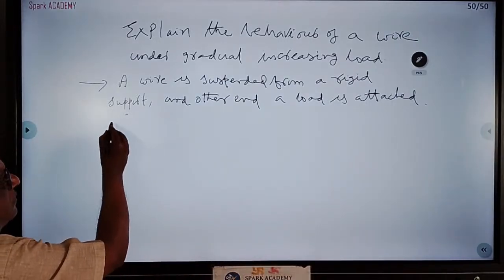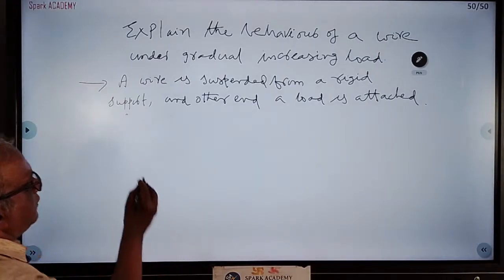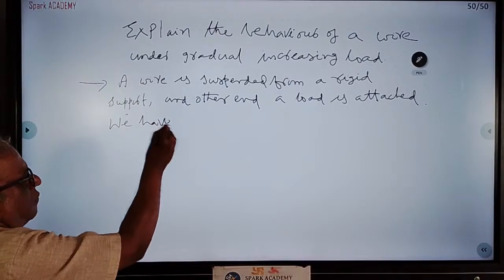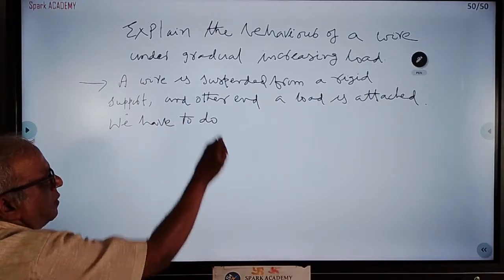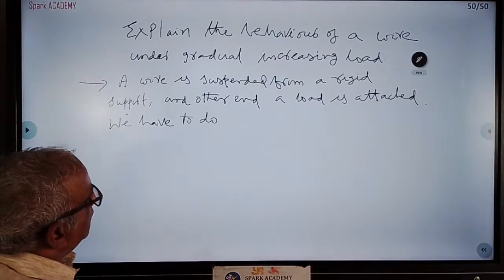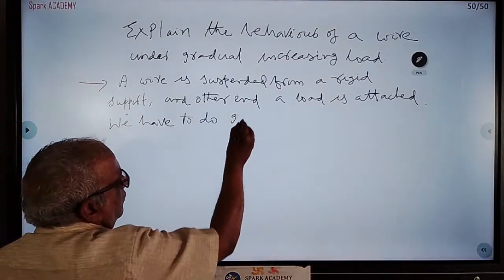The load is increased. We have to do a gradual increase in load.